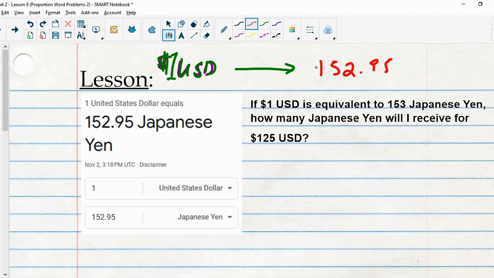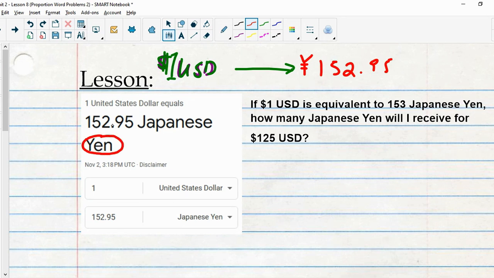Now the way you write the yen symbol is a Y with 2 slashes. So if you go to Japan and hand someone $1, they're going to hand you back 152.95 of their money, which is called yen.